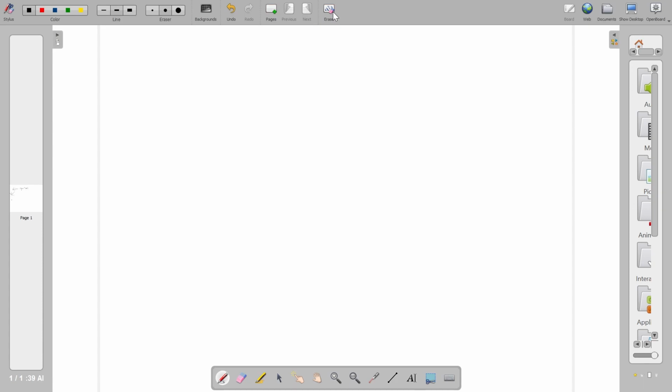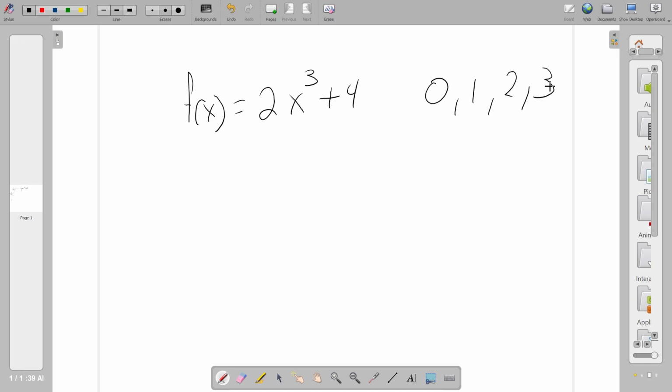When you do an exponential equation, f of x equals 2x cubed plus 4. Now we have 0, 1, 2, 3. We'll even be fair. We'll say plus 3, because the last one was plus 3.